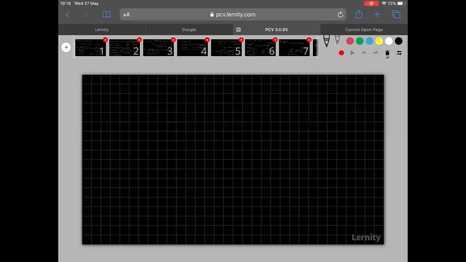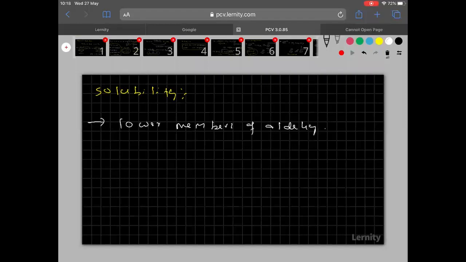Then what about the next physical property, that is the solubility? Now see clearly, lower members of aldehydes and ketones are soluble in water due to what?